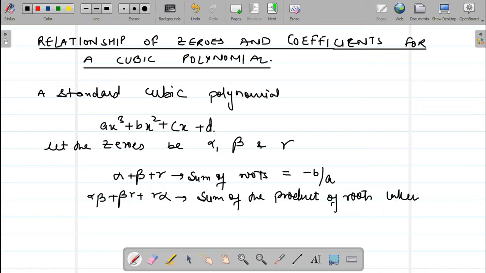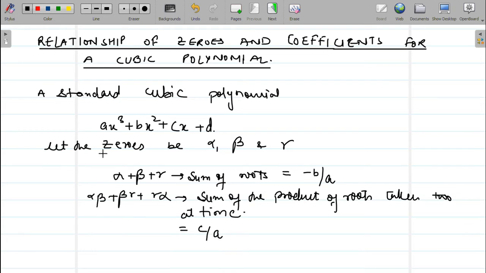Because we have 3 zeros, we have three kinds of relationships possible. It is given by c upon a. And alpha into beta into gamma, the product of roots, as usual, is given by minus d upon a.